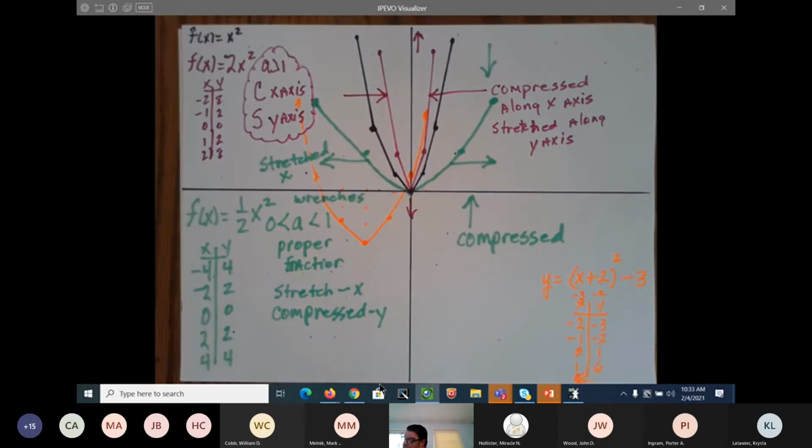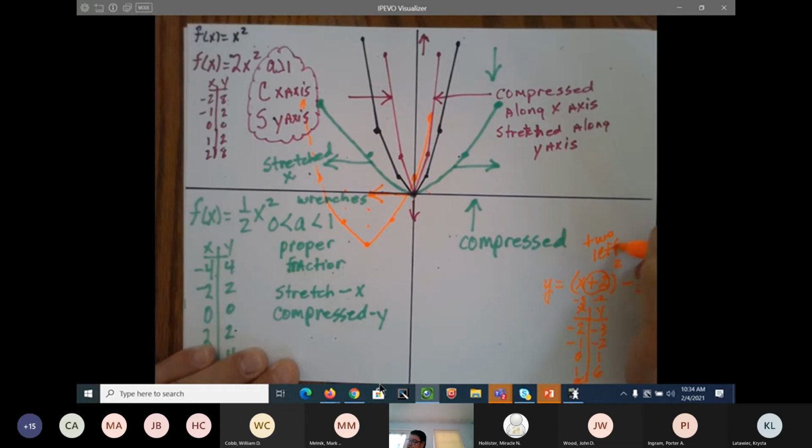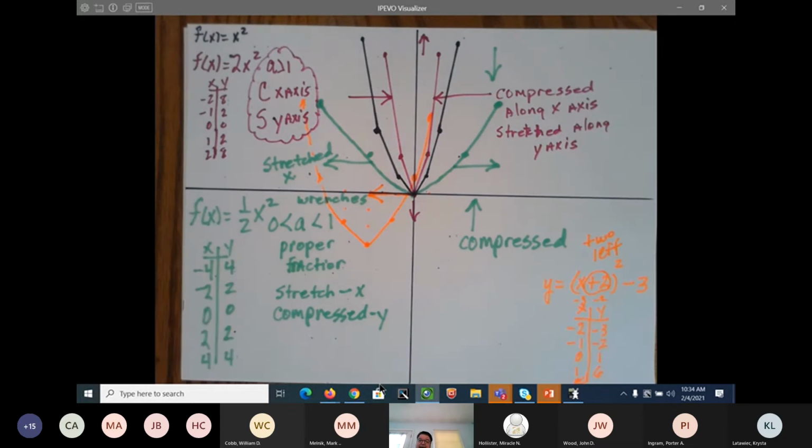So we've got a horizontal shift of 2 to the left. Remember I told you, write this down and highlight it. The horizontal shift is always opposite.